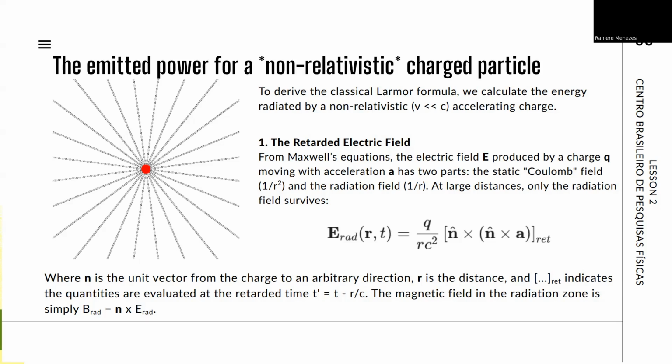If you have a charged particle, it has an electric field that fades away as 1 over R squared. However, the electromagnetic wave emitted by this particle fades away as 1 over R. So at long distances, the static electric field is negligible, but we still have the electromagnetic wave.